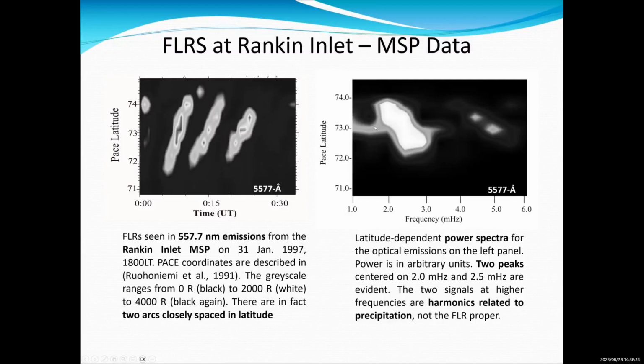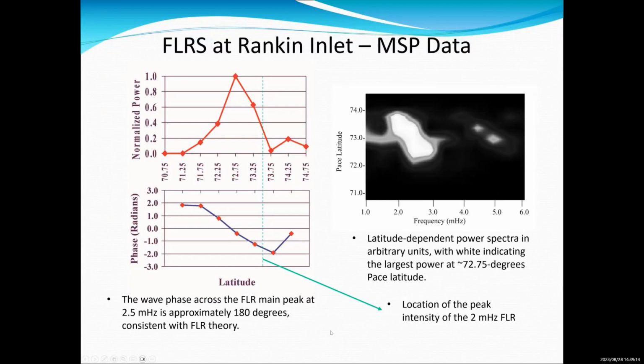This is the frequency spectra, and this is the amplitude. There are two peaks. One is at around 2 millihertz, and there's another peak at around 2.5 millihertz. Here we have a situation in which we have aurora being produced by two waves of different frequency, somewhat overlapping.